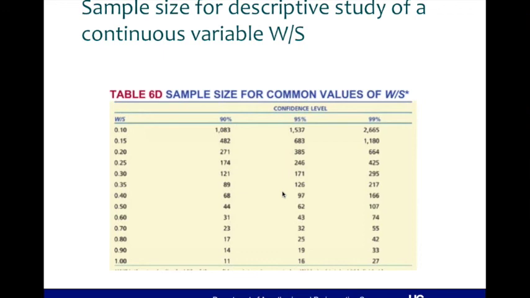So the size of the standard deviation is really powerful in terms of being able to prove anything, or to have enough subjects to determine with any certainty that you do or don't get an effect. So yes, the size of the standard deviation is really important.